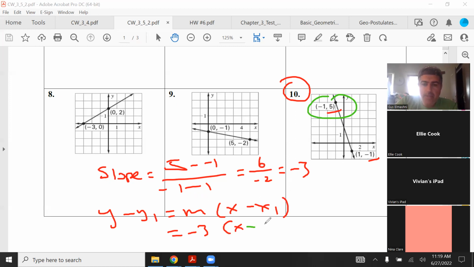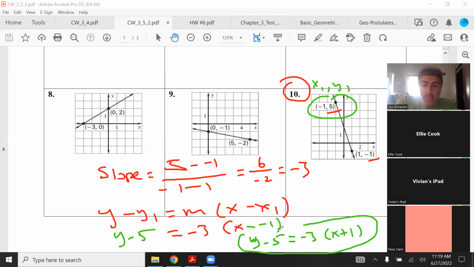So x minus -1 and y minus 5. So y minus 5 equals -3, x plus 1. So what I did is I substituted for x1, y1. I used one of the coordinates. And you can leave your answer like that. That's totally fine. That is a correct answer.